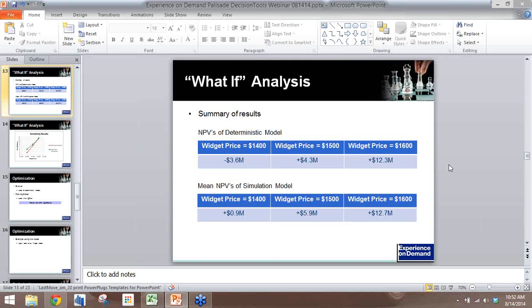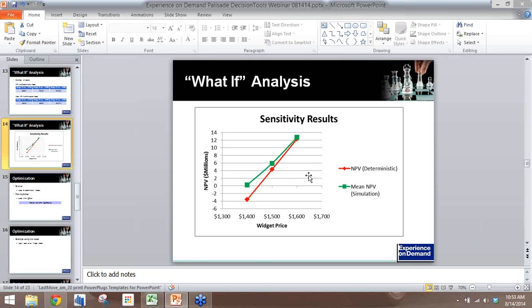So in summary, the net present values of the deterministic model were negative 3.6 million, positive 4.3 million, and positive 12.3 million when I run those different scenarios with $1,400, $1,500, and $1,600 prices, versus this range here if I run the change in the mean of the NPV in the simulation model. And again, the reason for this is because of the nonlinearities. And so you end up with this distinction in your sensitivity results.